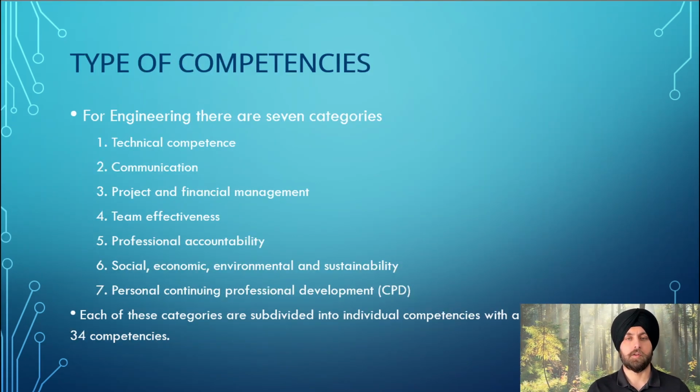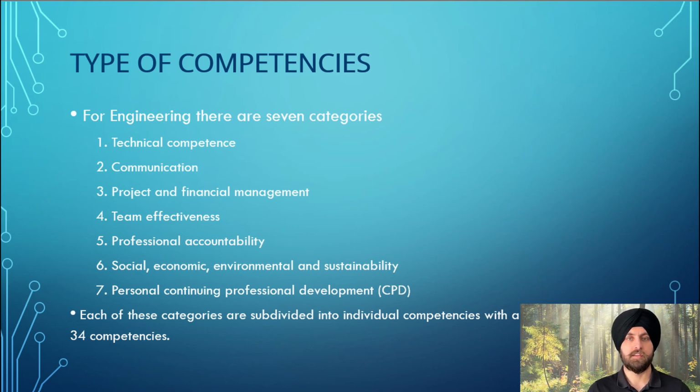On this slide, we're going to discuss the types of competencies. For engineering, there are 7 categories of competencies. First is technical competence, second is communication, third is project and financial management, fourth is team effectiveness, fifth is professional accountability, sixth is social, economic, environmental, and sustainability, seventh is personal continuing professional development.